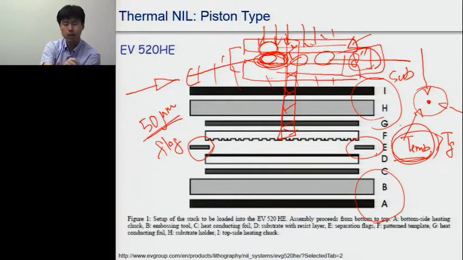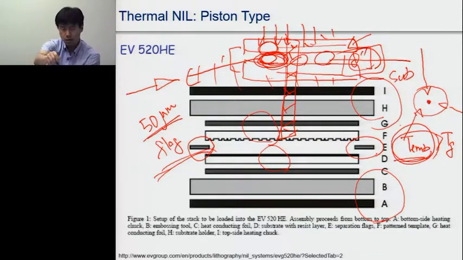and the chamber keeps evacuating, so it is under vacuum. The spacing between the master mold and the resist coated substrate keeps evacuating.